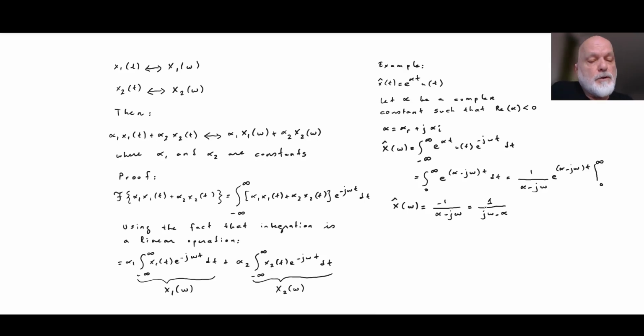Here alpha is a complex constant, but the important point is that it is not an arbitrary complex constant. Its real part must be negative to satisfy the condition that the signal is absolutely integrable and the Fourier transform exists.